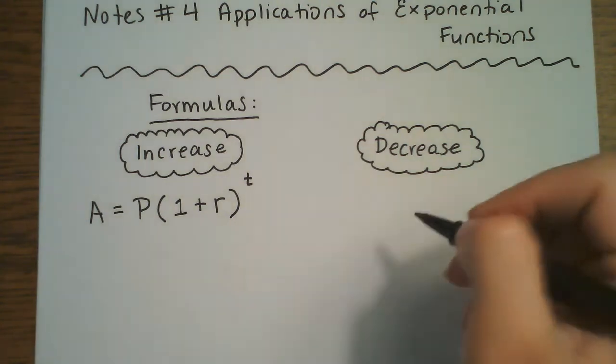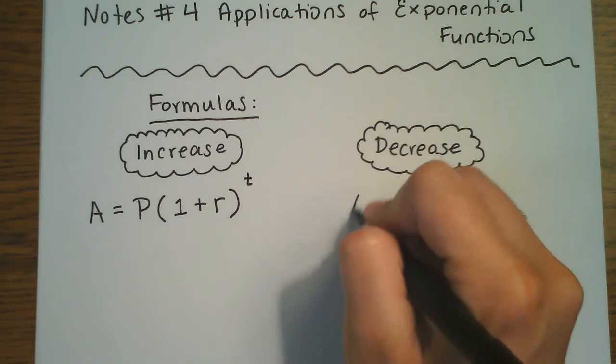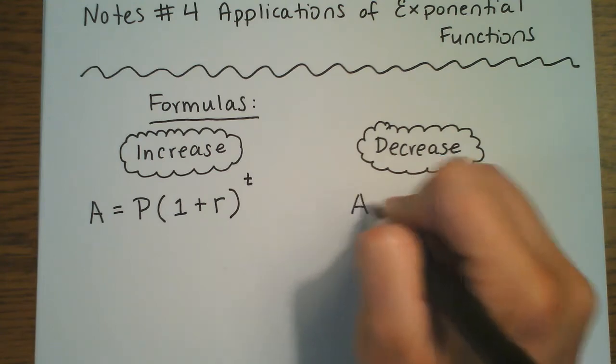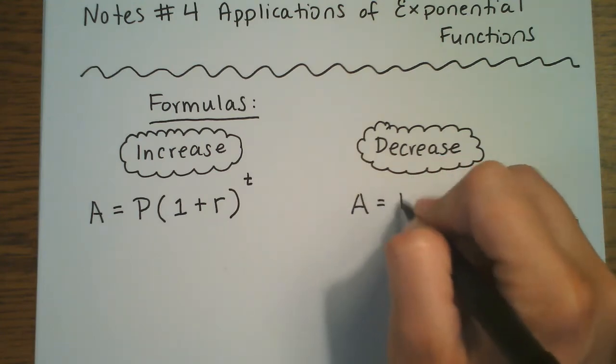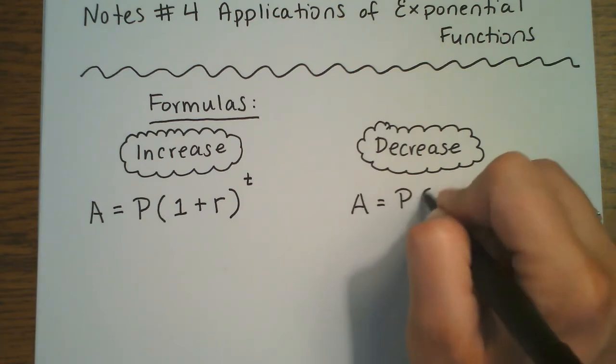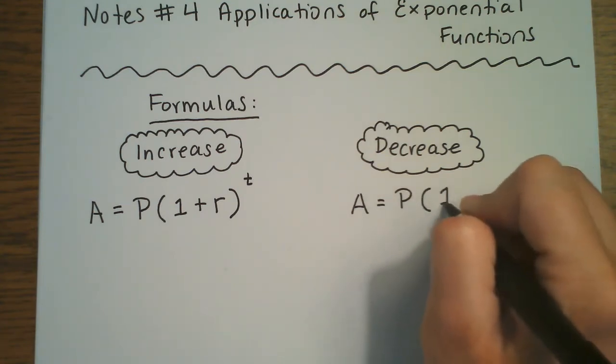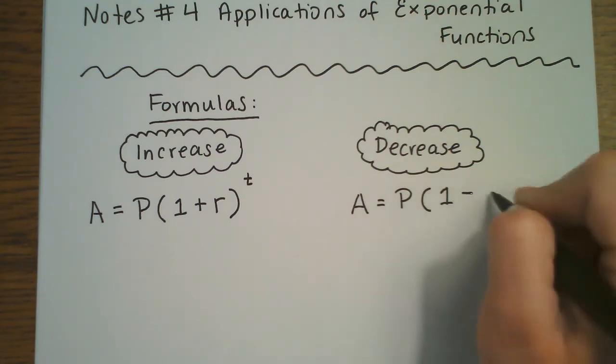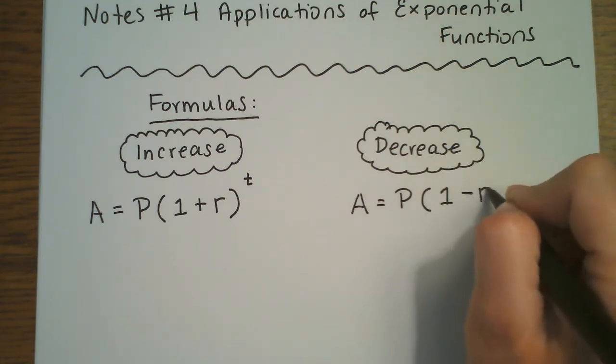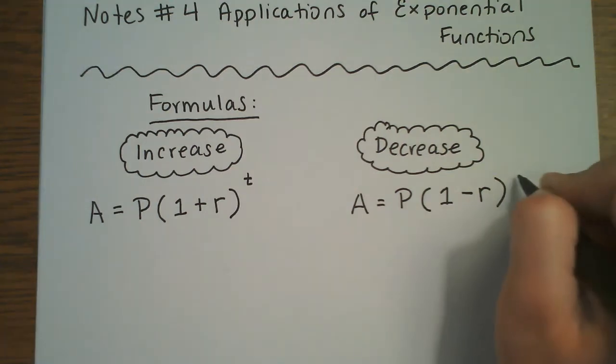The decrease formula will be very similar. It's going to be A equals P times 1 minus R to the T.